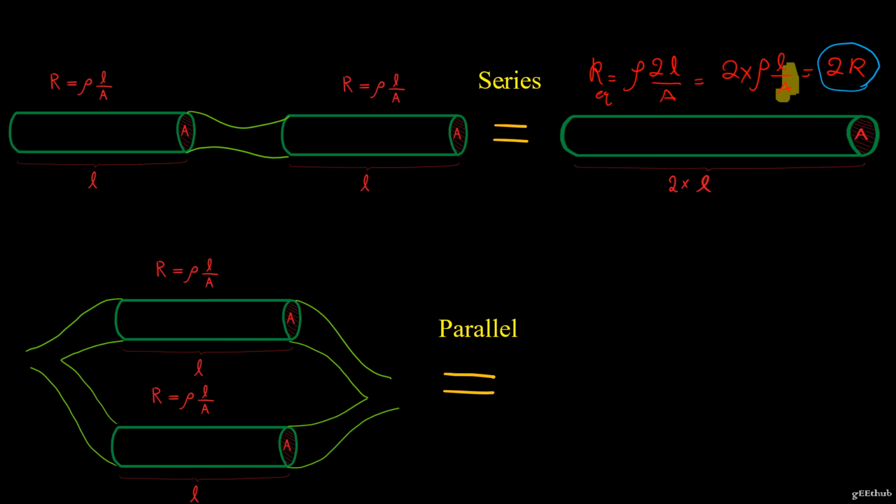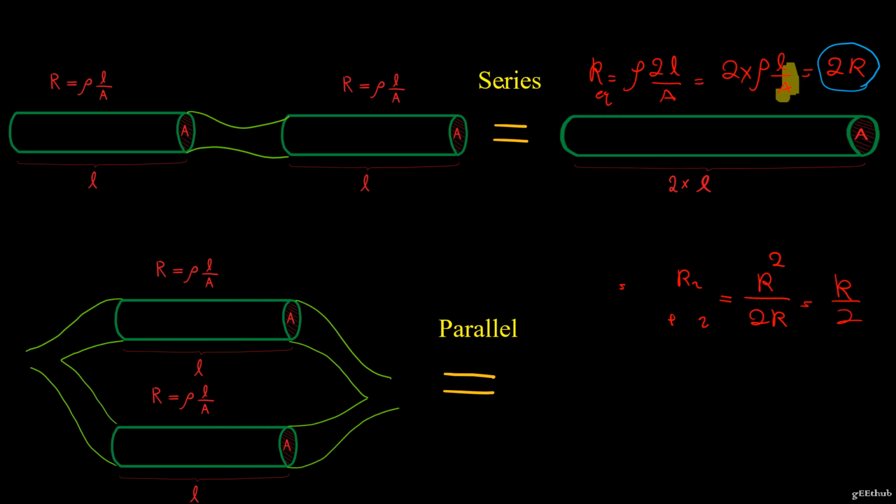And now let's say we connect these two resistors in parallel. Our equation tells us that our equivalent would be R1 R2 over R1 plus R2. Since R1 and R2 are equal, it's going to be R squared over 2R, so R over 2. Well, let's see.